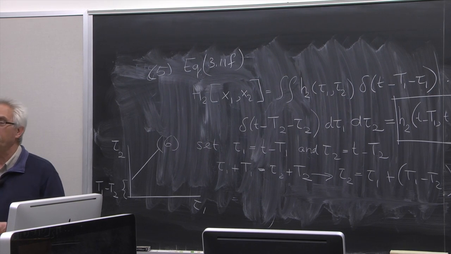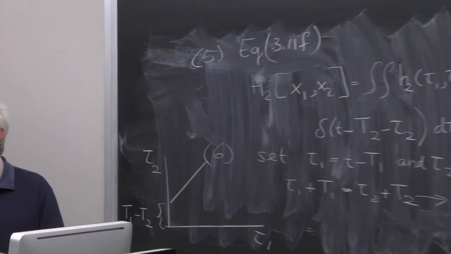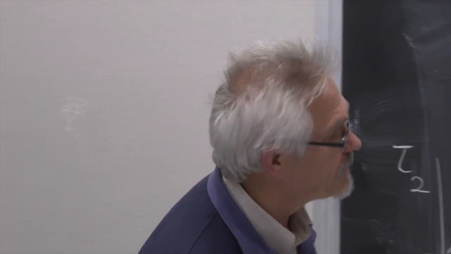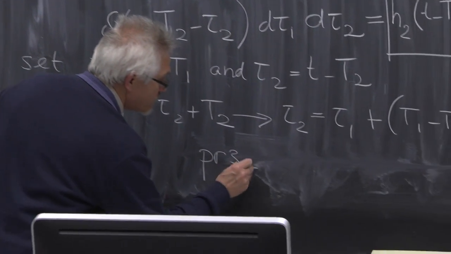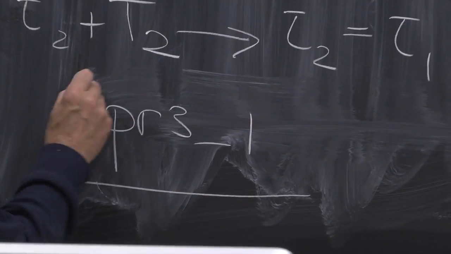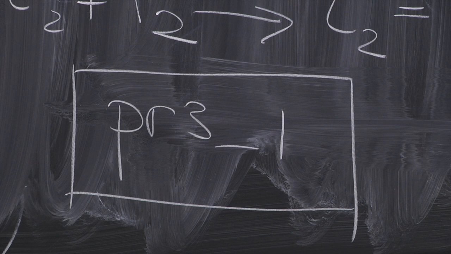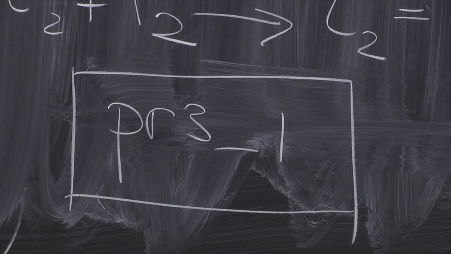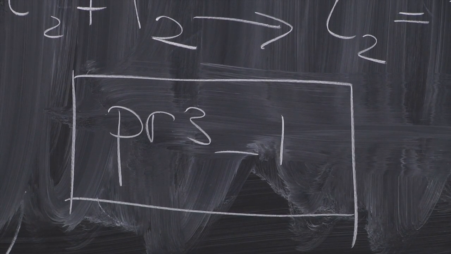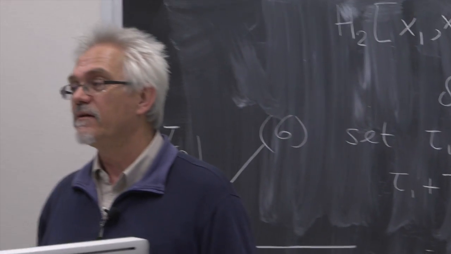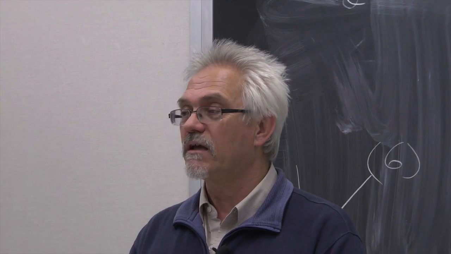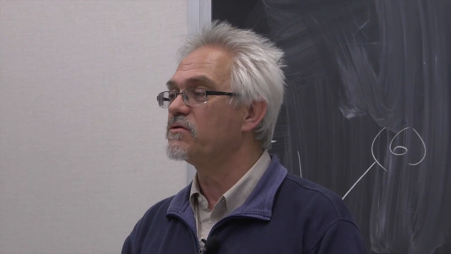And that is something that we will do in practice in MATLAB next time. So if you want to look at that in advance, it is program 3_1. That is exactly what that program is doing. It takes the system as we defined it, so the filter plus the squarer, and then it computes H2 and says, okay, this is what H2 is supposed to be.